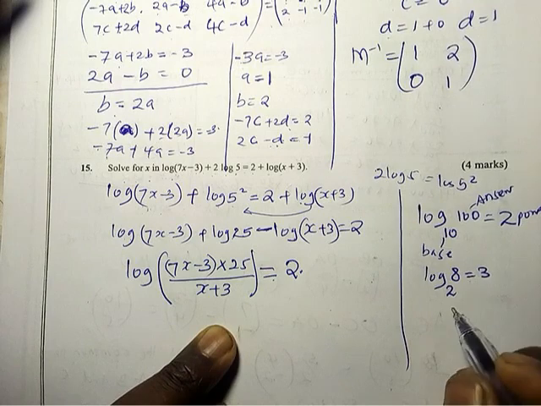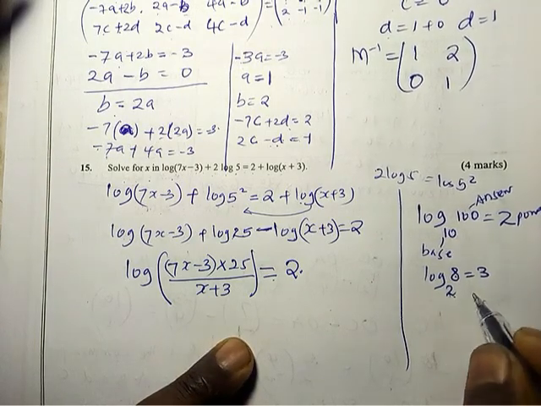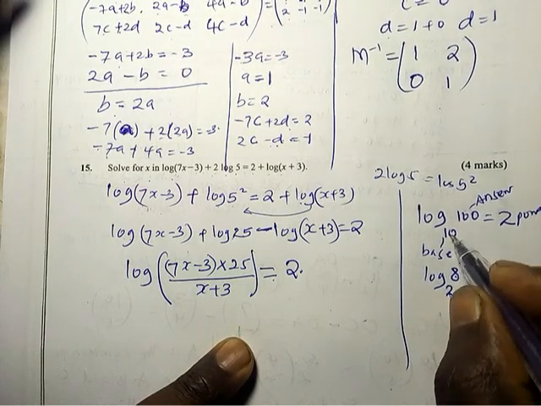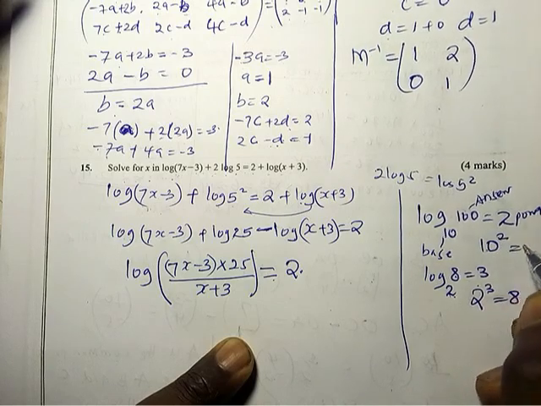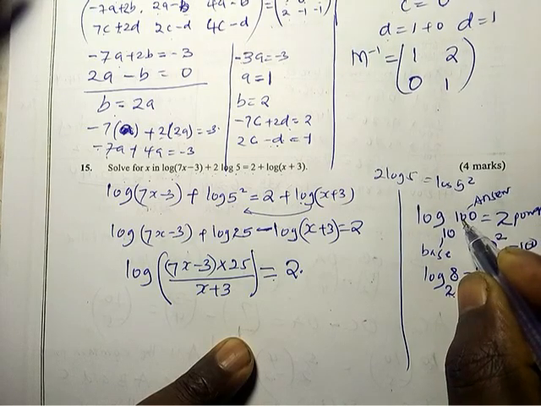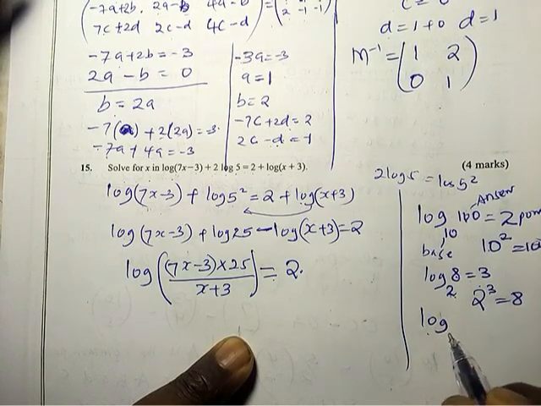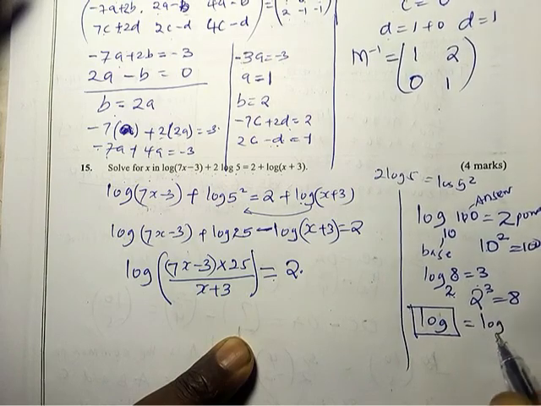So the base is 2, the power is 3, and the answer is 8. Similarly, the base here is 10, the power is 2, 10 raised to power 2, the answer is 100. And when a log is just written like this, it's always to base 10.